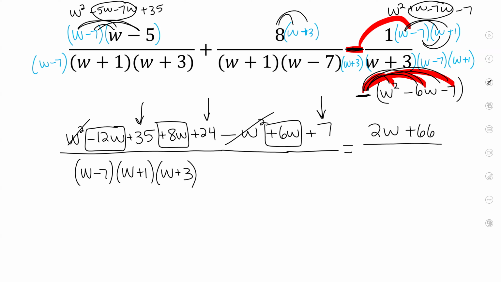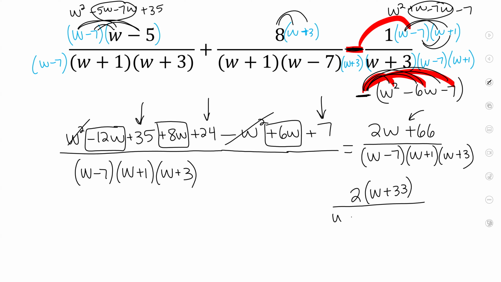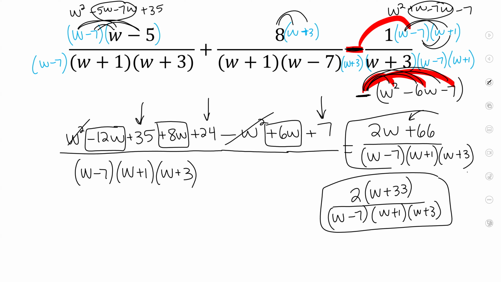All over my denominator. I can tell nothing's going to cancel out because this factors to 2 times W plus 33. And so nothing cancels out. So you could actually just leave it. You can write it like this, or you can write it like this. Nothing canceled out, so you can't really simplify it.